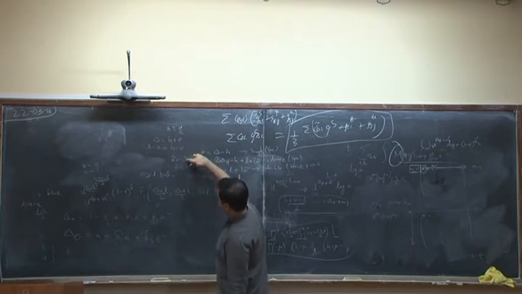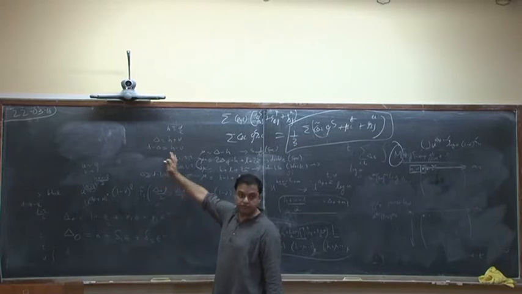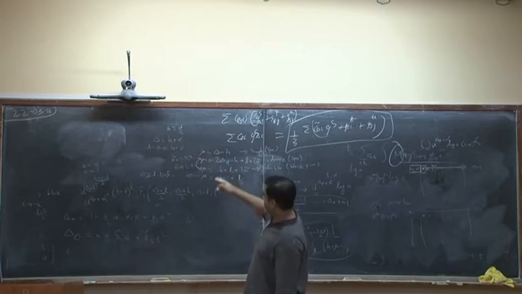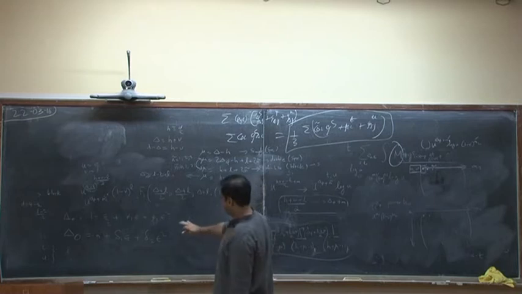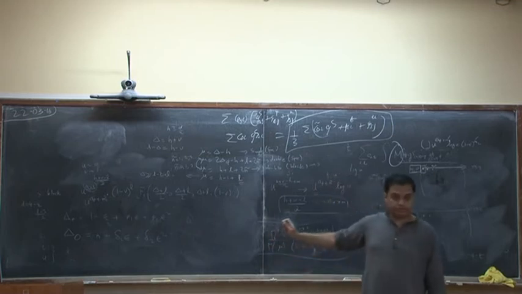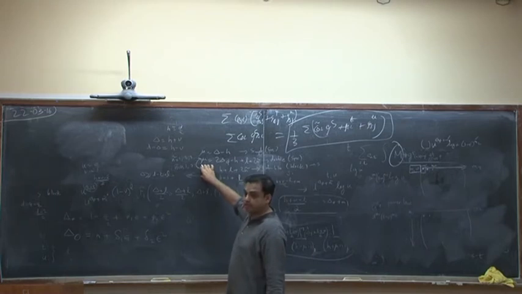So 1 cancels with 0, 2 cancels with 1, 3 cancels with 2. And this happens to a very high order in epsilon. These cancellations happen up to an order which is going to tell us the anomalous dimension up to epsilon cubed. So using this procedure, I don't have to worry about the spin contributions in the T and U channel because of these cancellations.